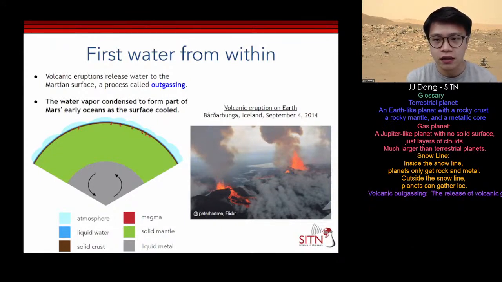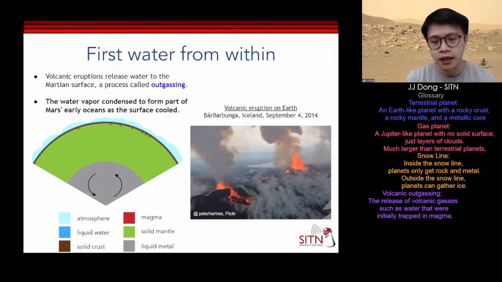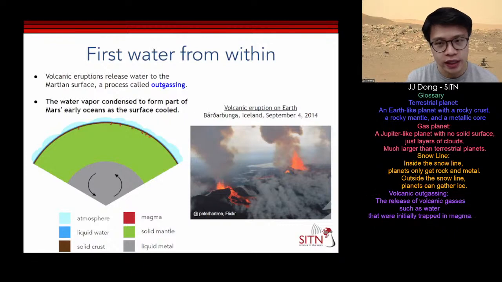We can see similar events on Earth today, but on a much smaller scale. In this slide on the right, I'm showing volcanic eruptions in Iceland in 2014. There were a lot of clouds in the picture, and the clouds you see here contain debris, water, and other types of gases. This is similar to how water was outgassed from the interior of Mars at its formation.